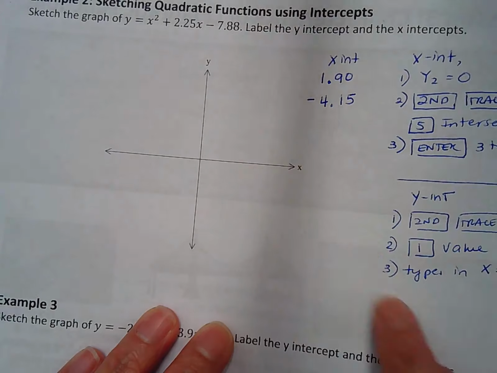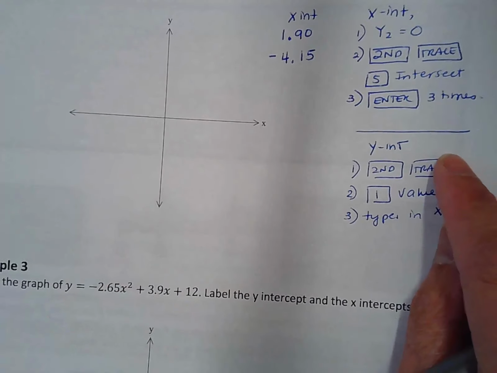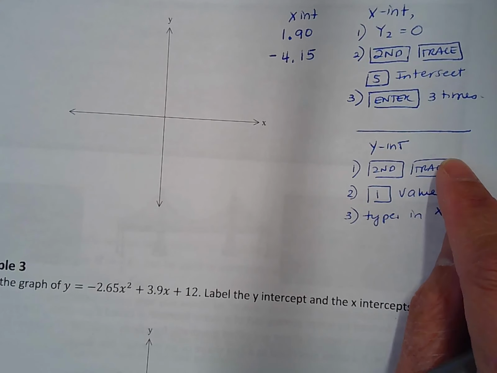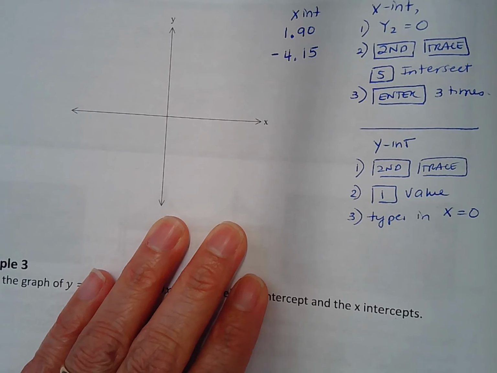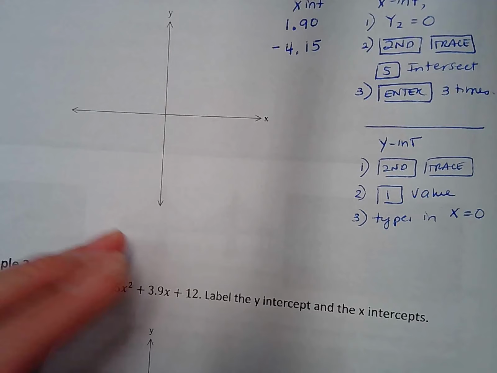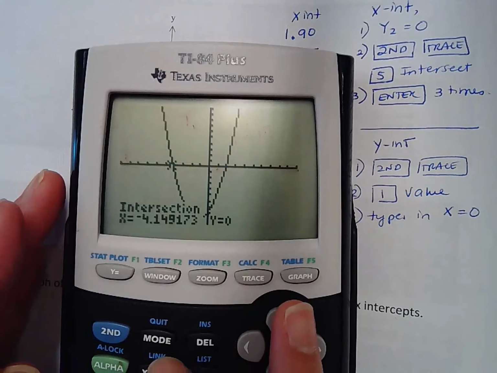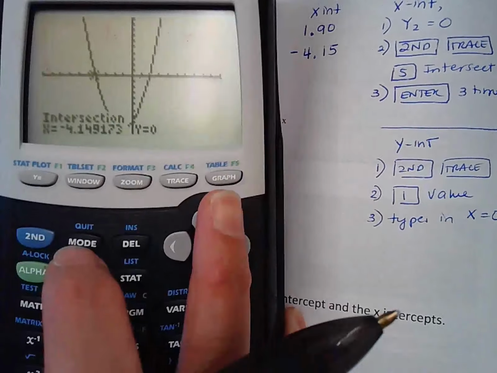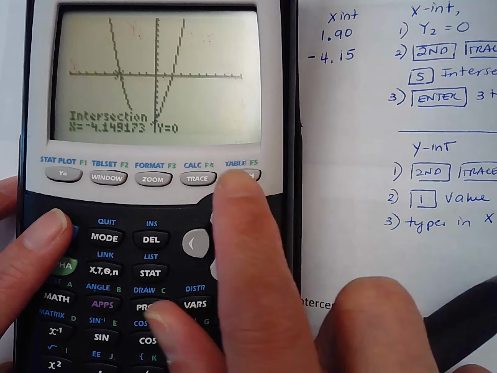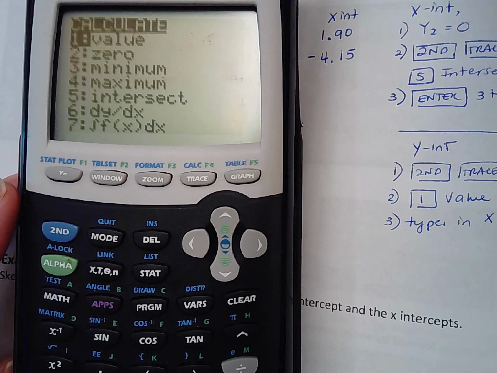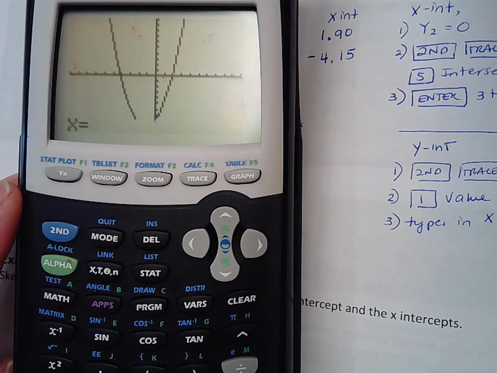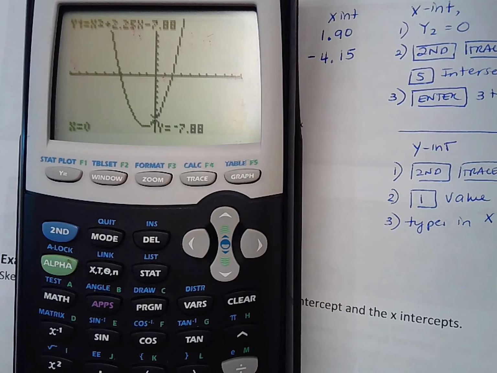Now let's take a look at the y-intercept. So we're done with the x-intercept, let's do the y-intercept. Second function trace, press 1, and we're gonna enter x equals 0, and press enter.